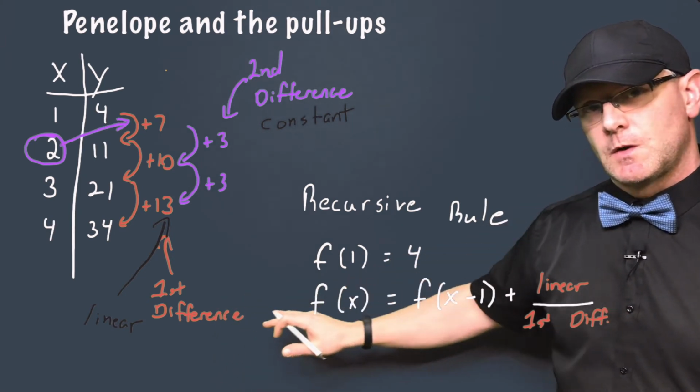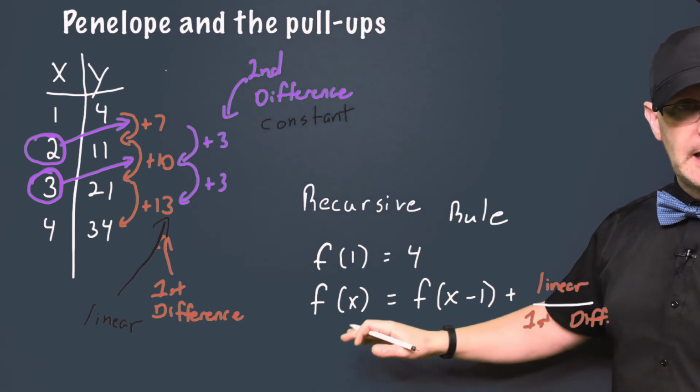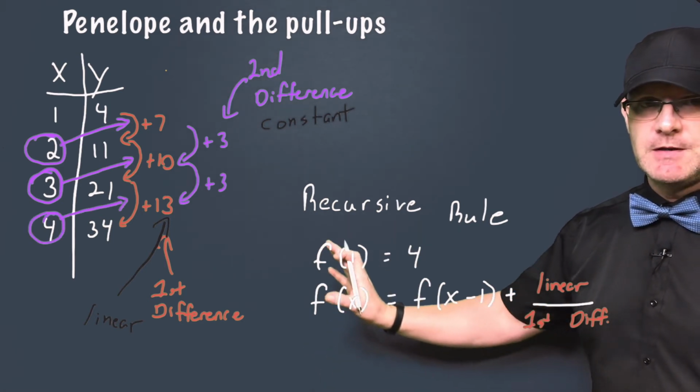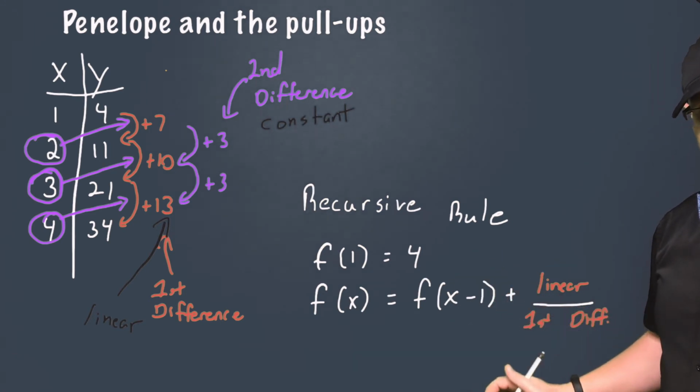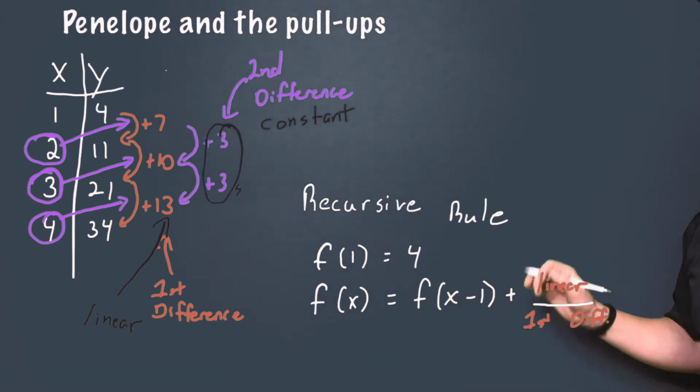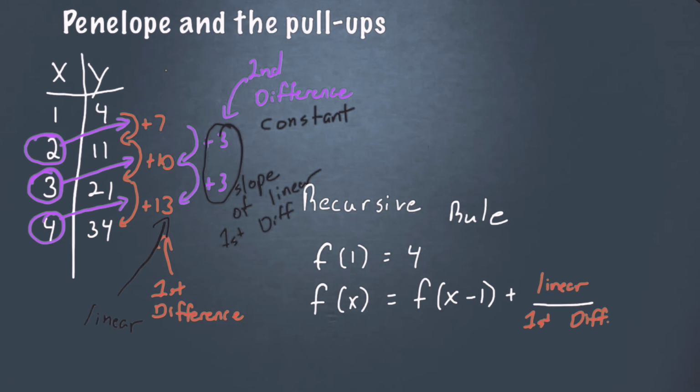That's exactly what we're going to do here. We're going to say f of x is equal to f of x minus 1, our previous term, plus the linear first difference. So whatever the equation is of that linear first difference. We've already figured it out in the table using the chart and the visuals.